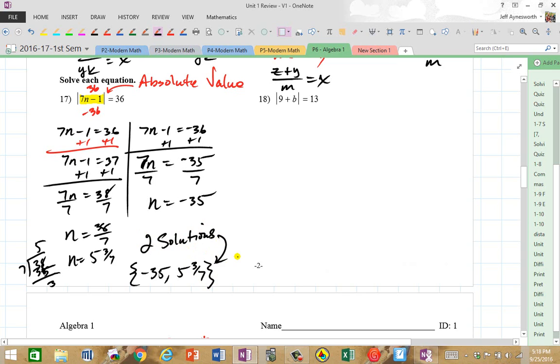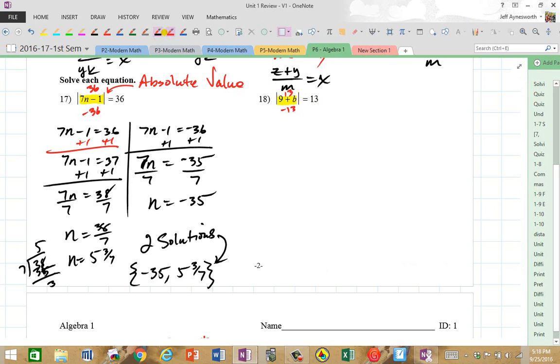All right, so on this one here, what I'm thinking is, whatever this is, let me highlight again, the 9 plus b, whatever it may be, it's either equal to 13 or negative 13, because I know that the absolute value of 13 is 13, and I know the absolute value of negative 13 is 13, because they're both 13 units away from 0.